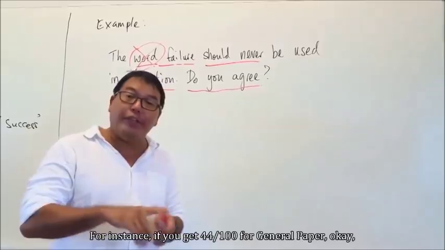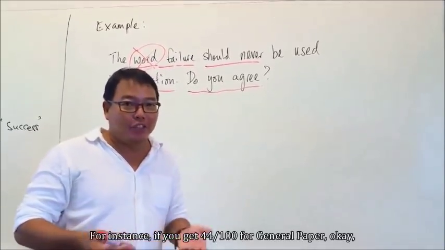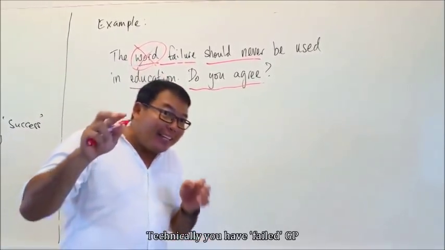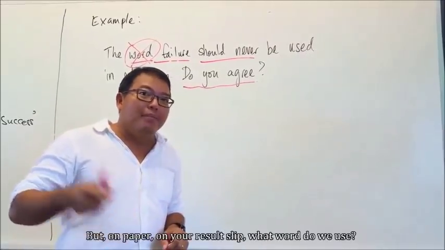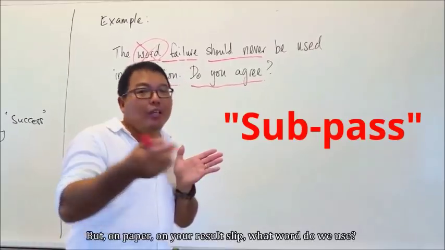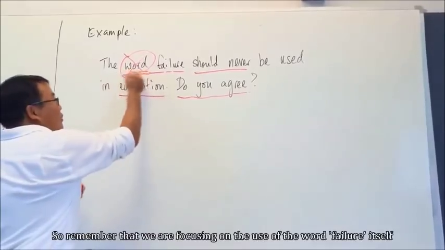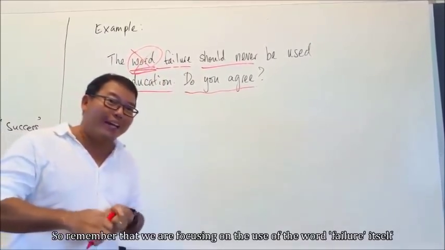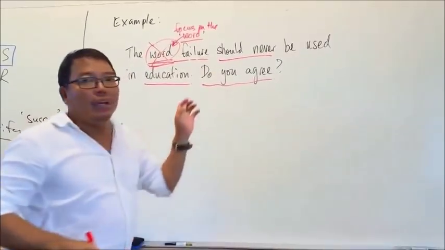For instance, if you get 44 upon 100 for general paper, technically you have failed GP. But on paper, in your result slip, what word do we use? You have a subpass.